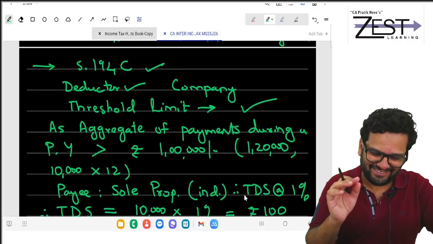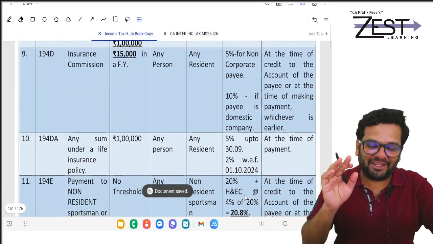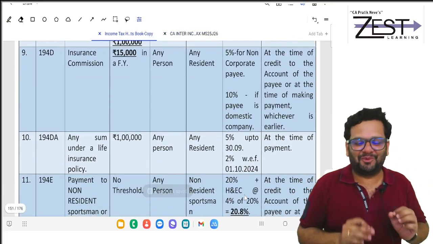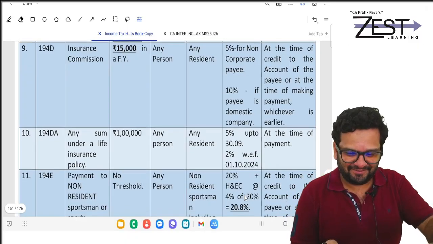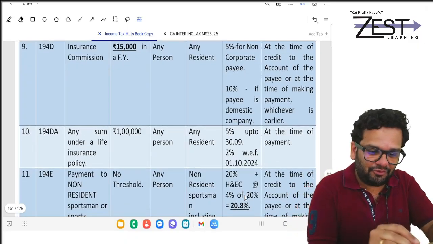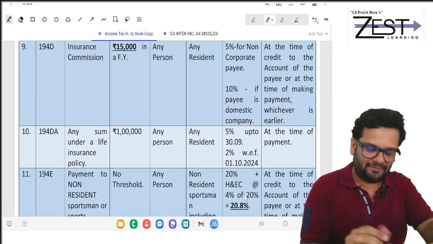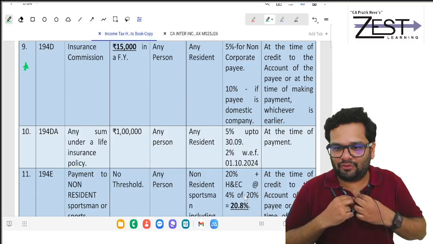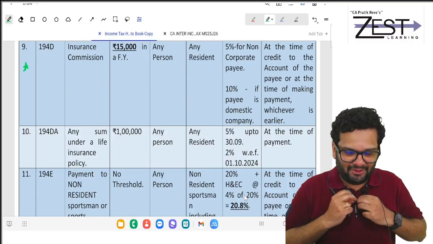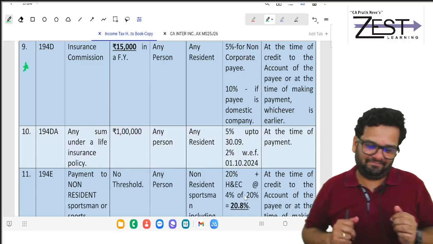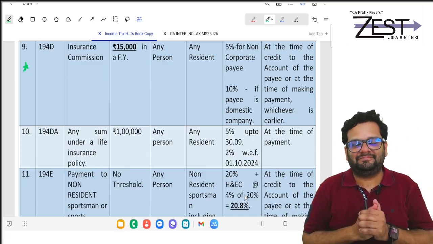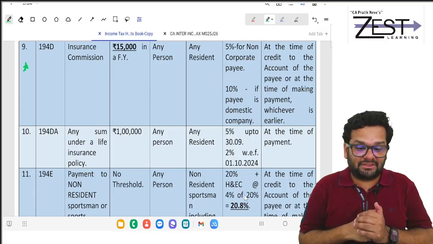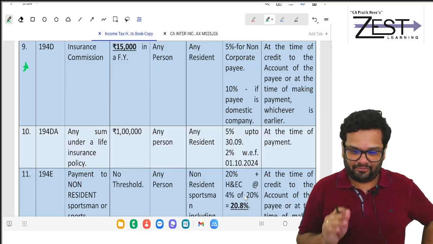Next, 194D. Let's go to 194D. Give half star to 194D. Insurance commission. Pay attention.